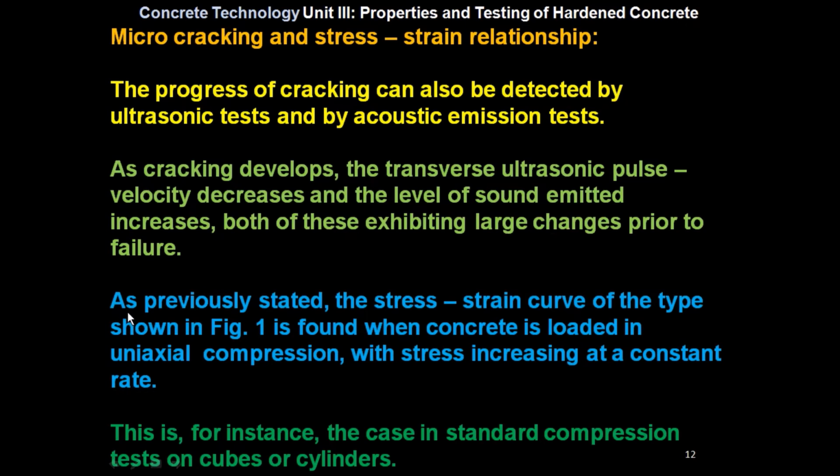As previously stated, the stress strain curve of the type shown in figure 1 is found when concrete is loaded in uniaxial compression, with stress increasing at a constant rate. This is, for instance, the case in a standard compression test on cubes or cylinders.